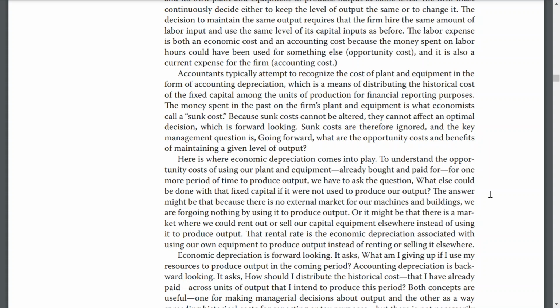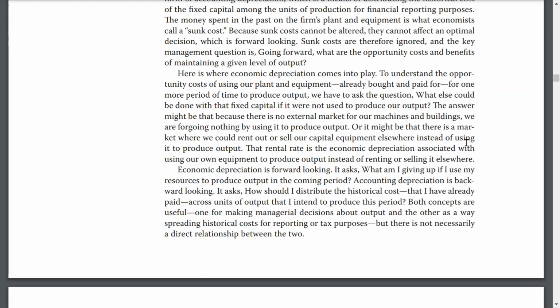It might be that because there are no external markets for our machines and the building, we are foregoing nothing by using it to produce output, or it may be that there is a market where we can rent out or sell our capital equipment elsewhere instead of using it to produce our output. The rental rate is the economic depreciation associated with using our equipment to produce output.